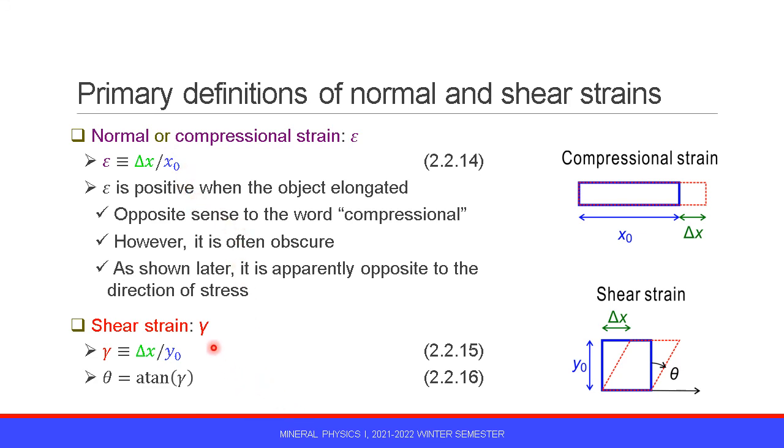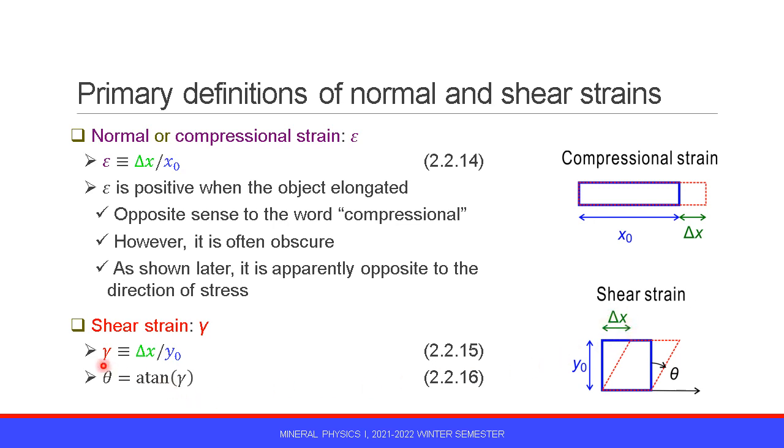The shear strain gamma is defined in this way. This is the length of the body in the y direction, and it deforms in the x direction by delta x.